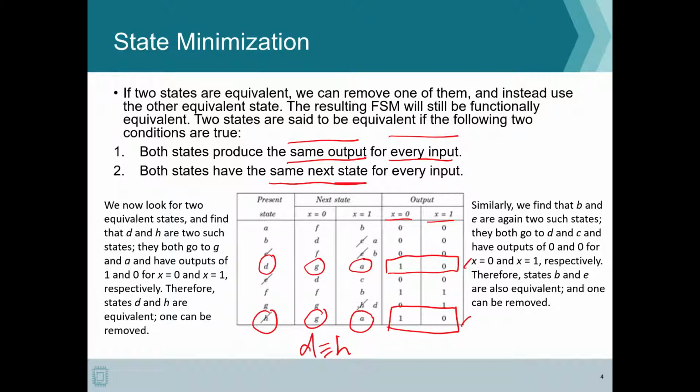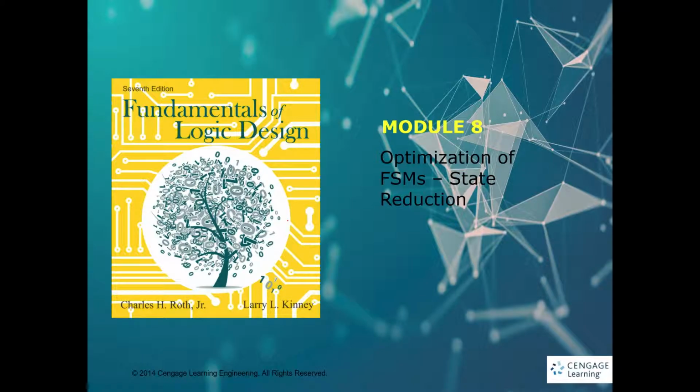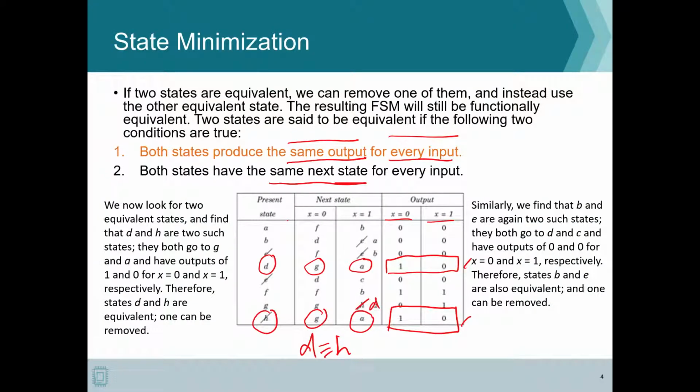So then we replace H by D, and now you can see there are also other states. For example, we have state B, which has DC for 0 0, and E also has DC for 0 0.